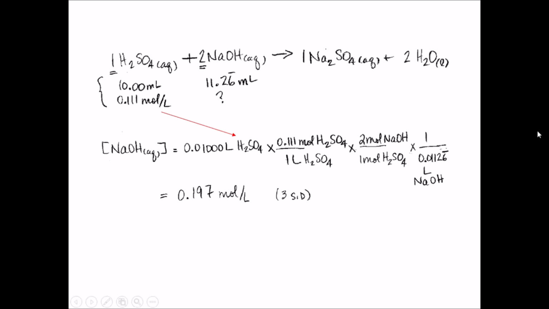Once we have the moles of sodium hydroxide, we can then divide it by the volume in liters of sodium hydroxide. This will get our answer into concentration. Our end answer for the concentration of sodium hydroxide is 0.197 moles per liter, 3 significant digits.